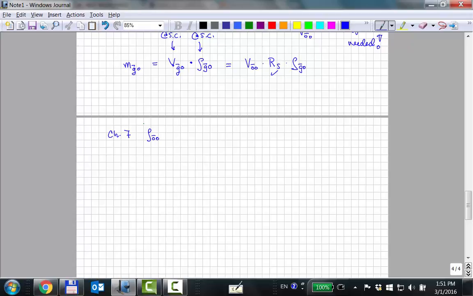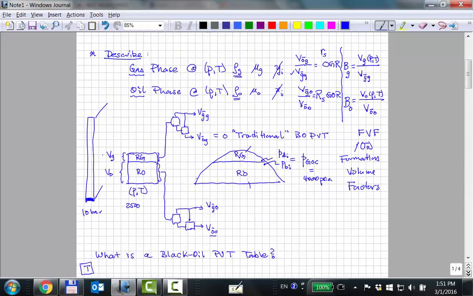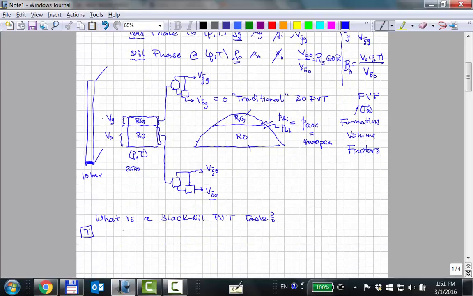In other words, if we take our original mixture from the initial pressure of 300 bar down to 150 bar, what you'll find is that the new oil that's created, if you take that to the surface, doesn't give the same surface oil and surface gas.